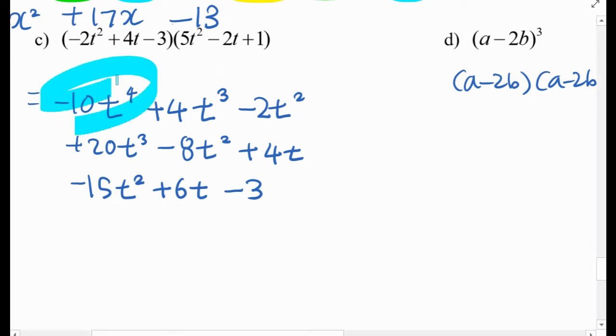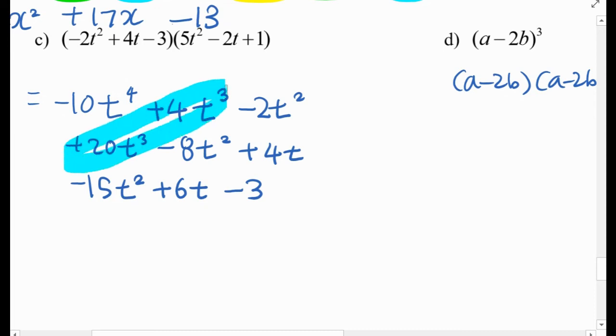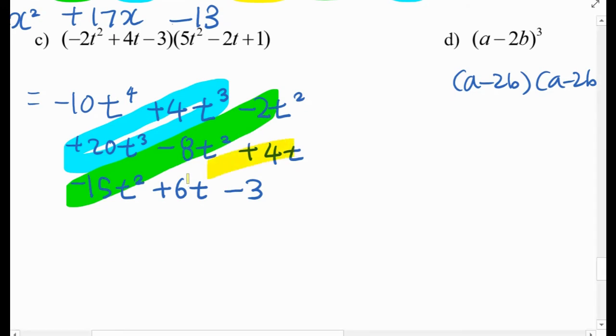Okay, and now we're going to collect the like terms. This one does not have a like term. Those are like terms. And those two are like terms. Oh, those three are like terms actually. And those two are like terms. Let's combine them.